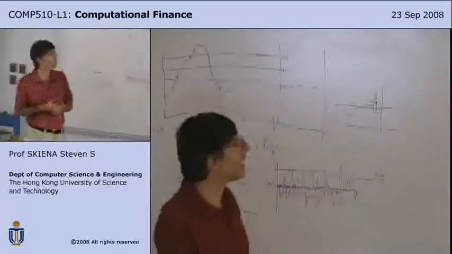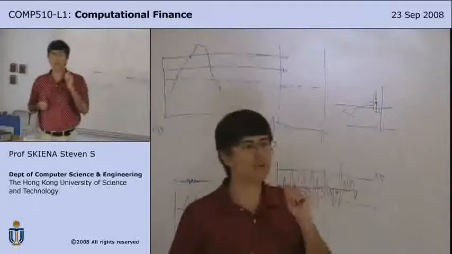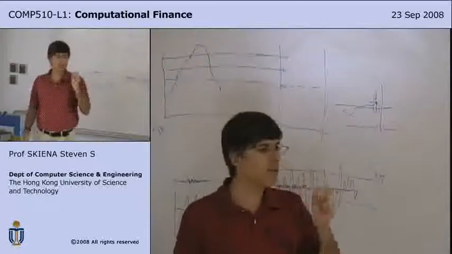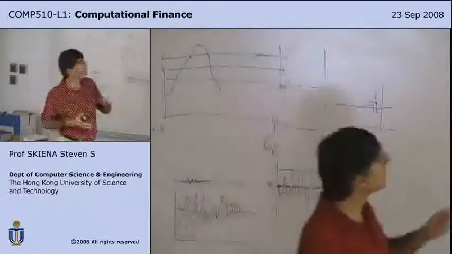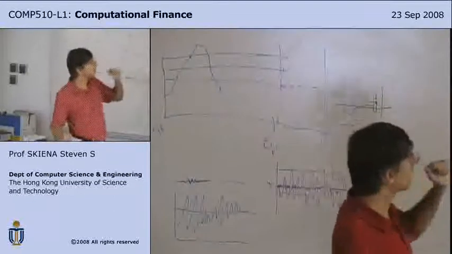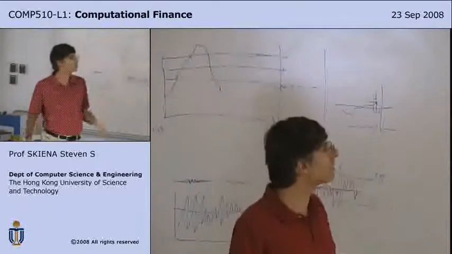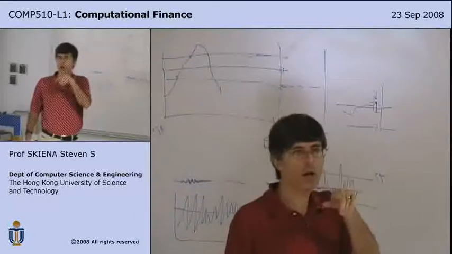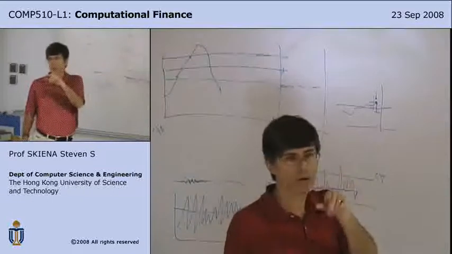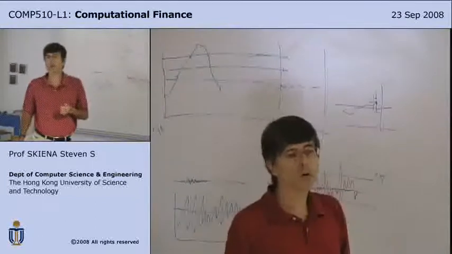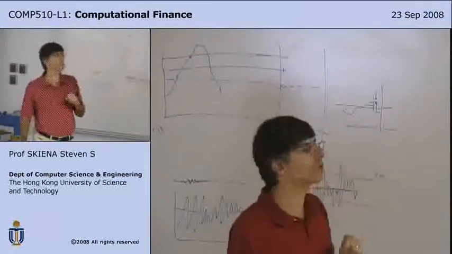So let's go through this again and see which way we should expect the price of the option to move if there is a change to one of these things. If the stock price goes up, why does the price of the call go up? Because you have a right to buy it at a fixed price.